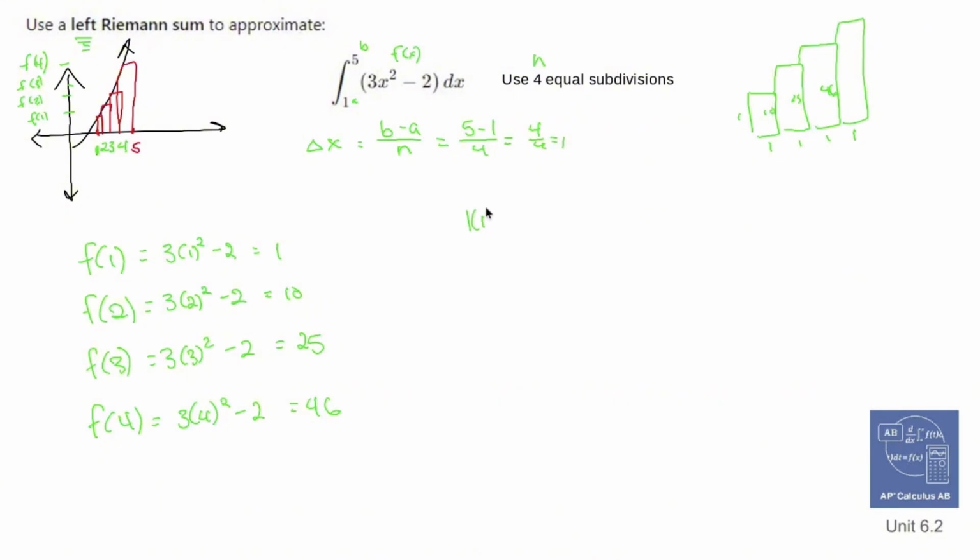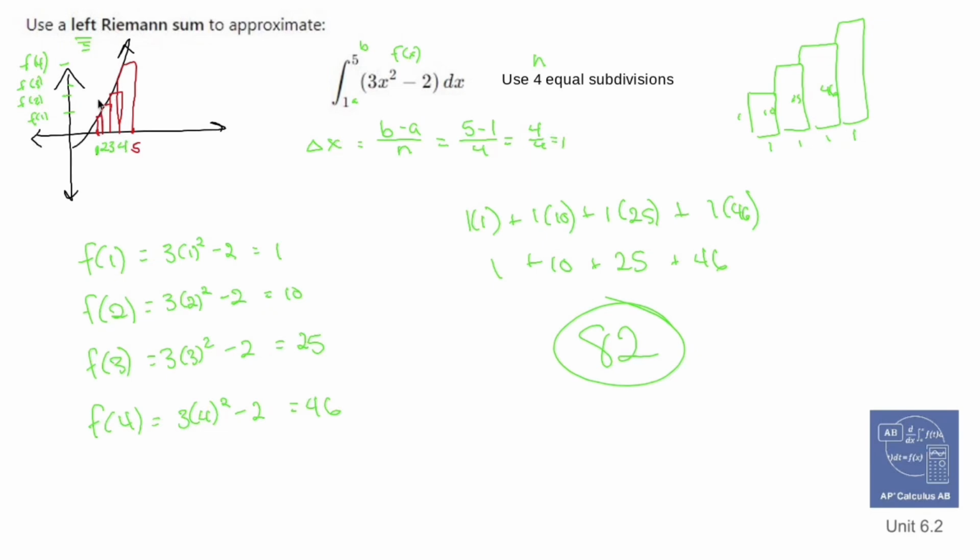So 1 times 1 plus 1 times 10 plus 1 times 25 plus 1 times 46, which is 1 plus 10 plus 25 plus 46, and that will all end up being 82. This gives me an estimate of the area underneath the curve between 1 and 5. It's an underestimate though, because as you can see, there are some gaps underneath.